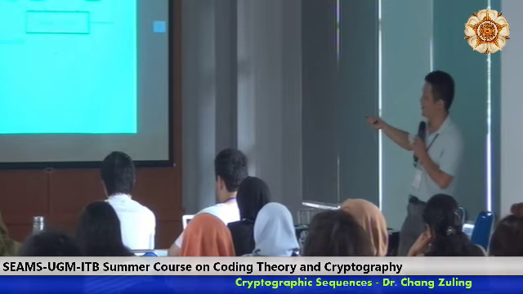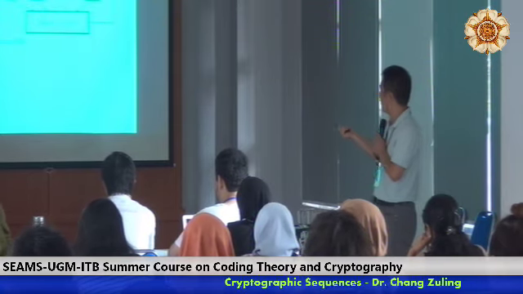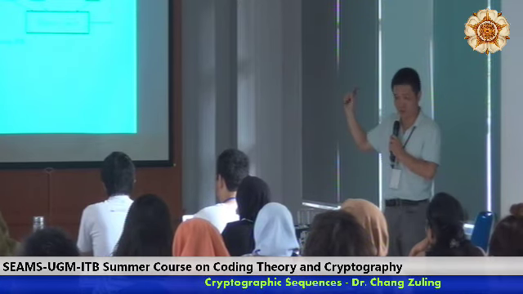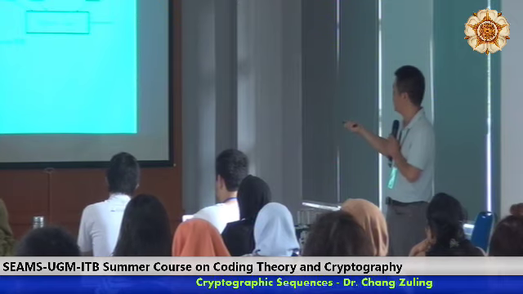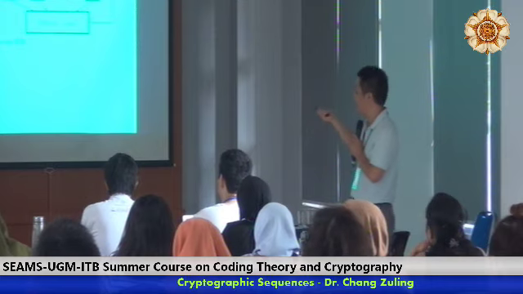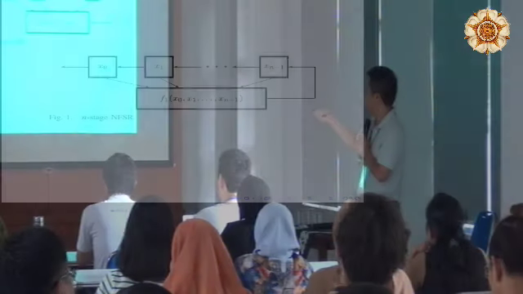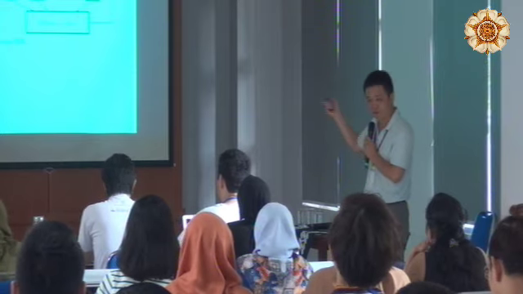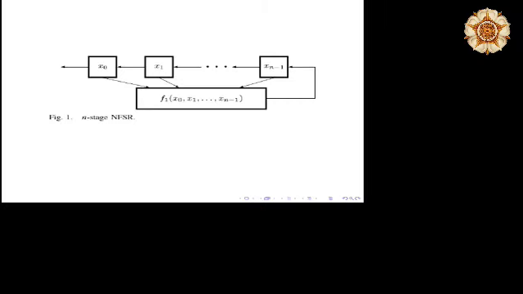Here is an example: x0, x1, up to xn-1 are the registers, and f is the feedback function. At each clock pulse, the digits shift to the left, giving a new bit, and then we can continue to output. So it's very simple.